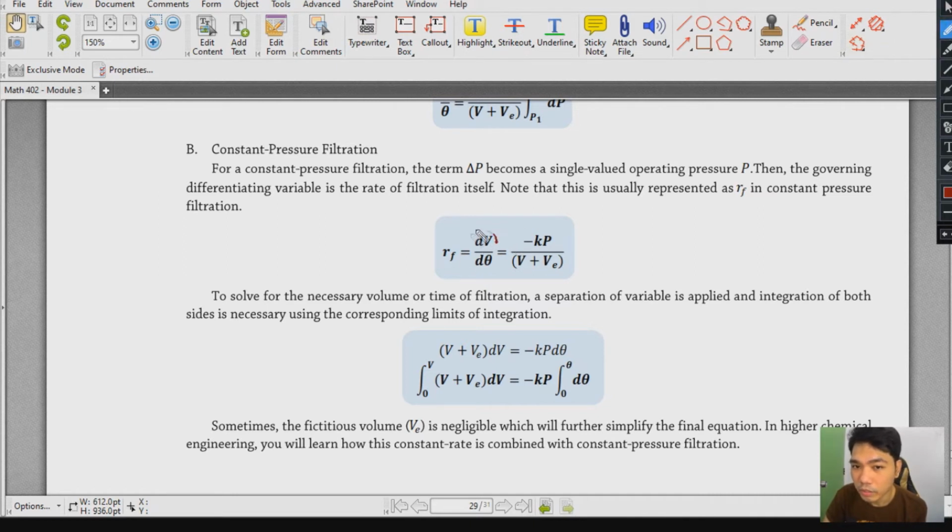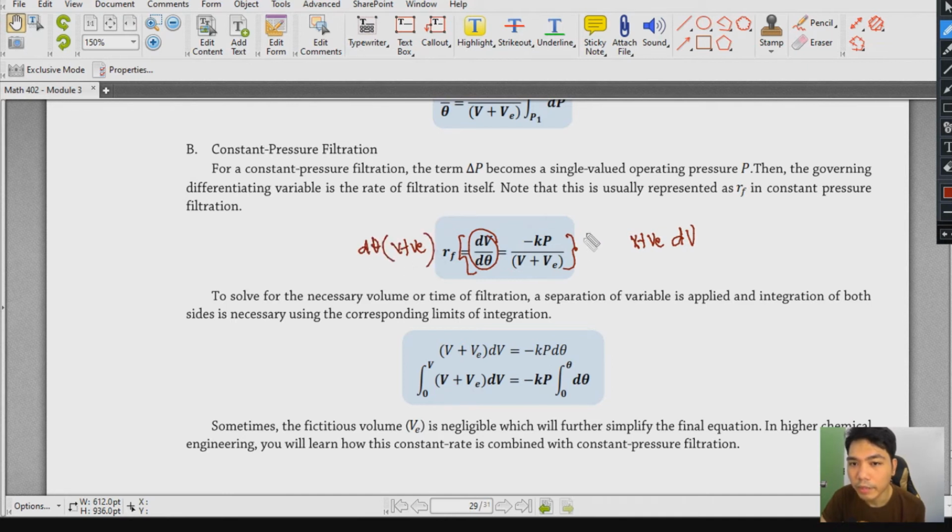So kung mapansin nyo kasi, di ba, dalawa yung ating differentials dito. So we have to make sure na we separate this, na separation of variables yung gagawin natin. So we could multiply this whole term by V plus V sub E. And then, ang mangyayari dyan, maging V plus V sub E dV, times d theta.